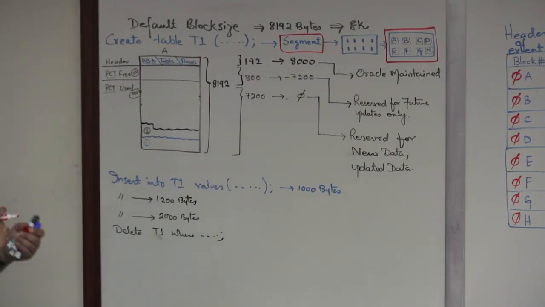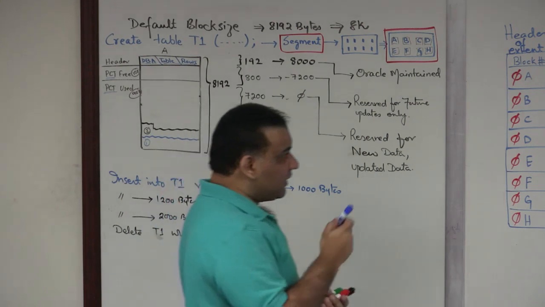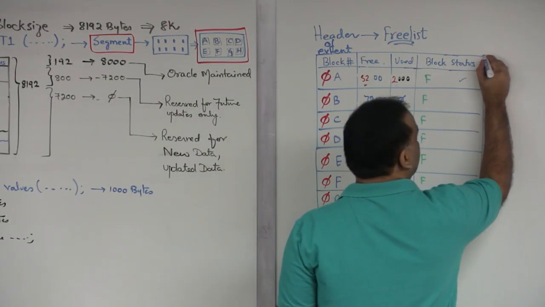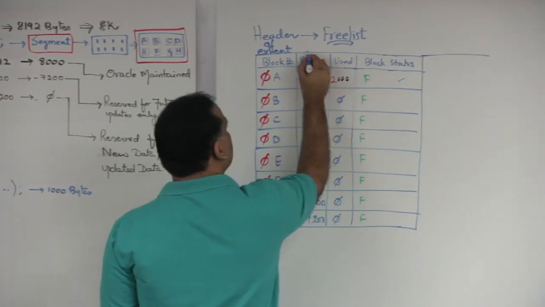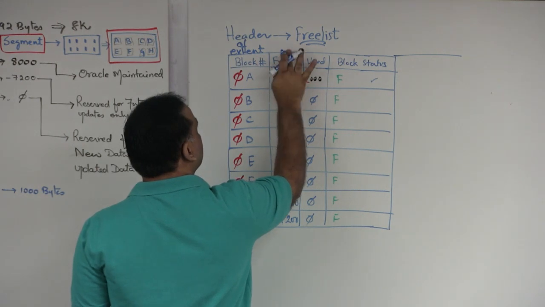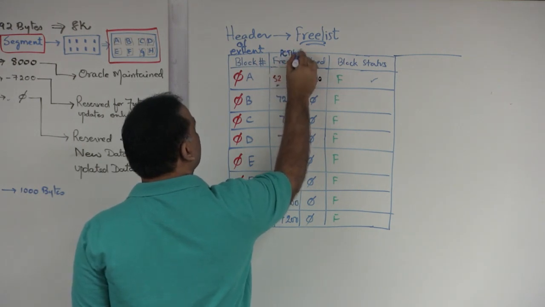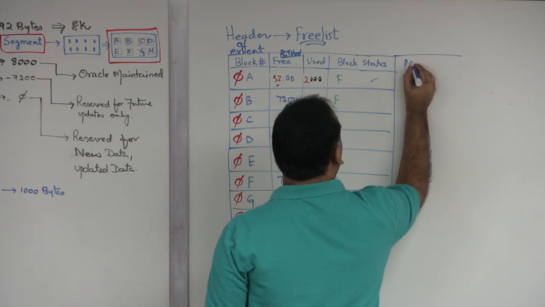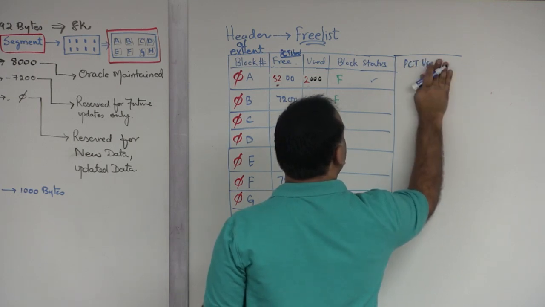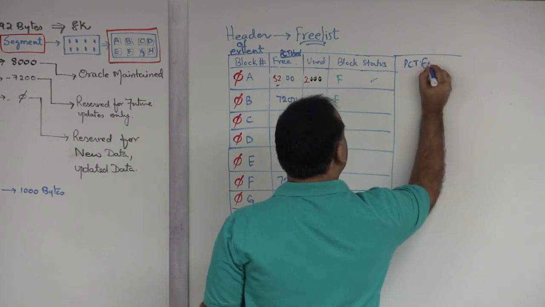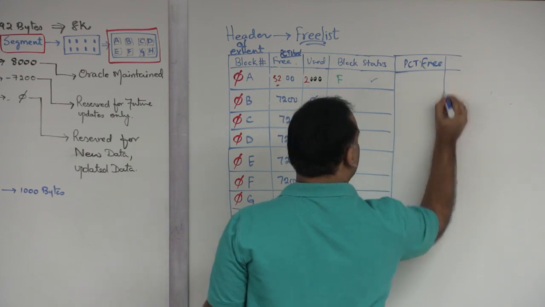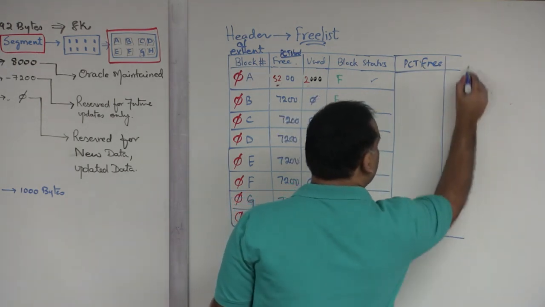Now if you start looking into these, there is one area that has not been looked at yet. This is the PCT. This is the area from PCT used. And now I have to start looking into the PCT used and PCT free as well. Because PCT free, if I start looking into this, is all completely free.